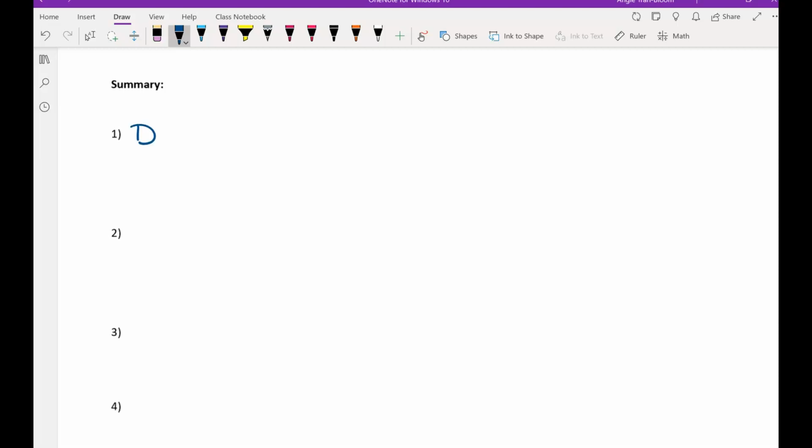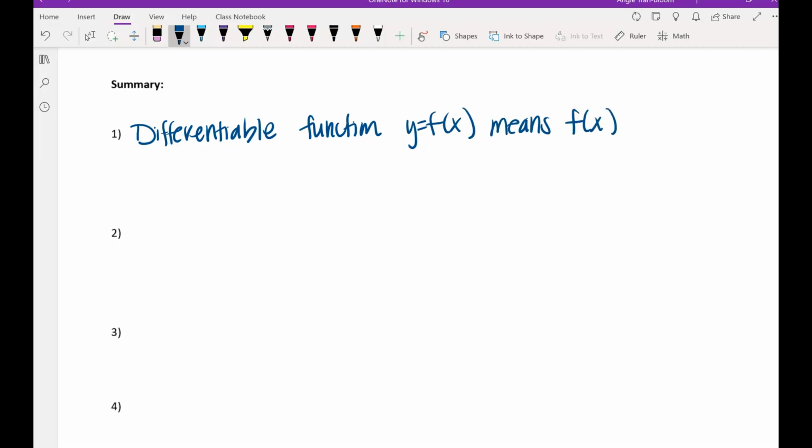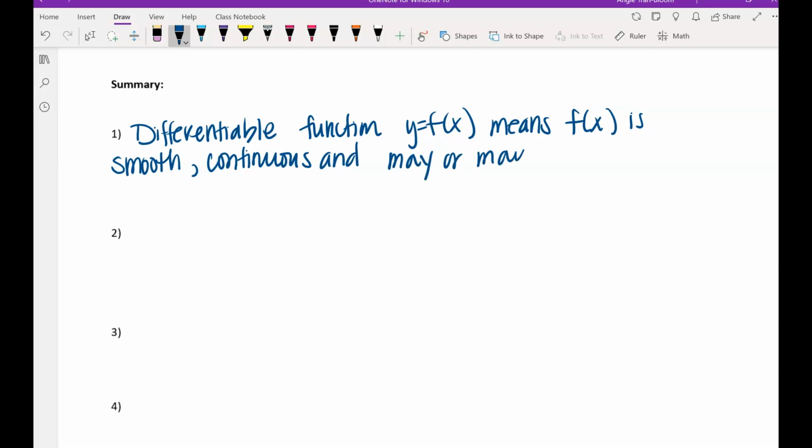Number 1, a differentiable function, let's call it y equals f of x, means f of x is smooth, continuous, and may or may not have an increasing or decreasing interval.